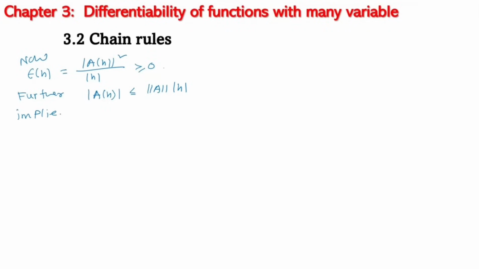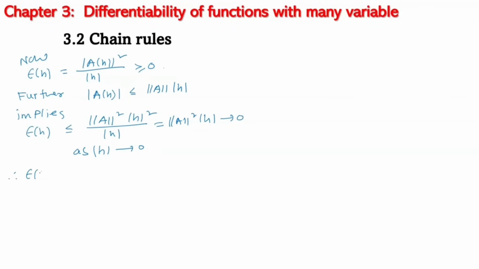This implies epsilon(h) is less than or equal to the norm of A squared times the absolute value of h squared over the absolute value of h, which is the norm of A squared times the absolute value of h, and clearly tends to 0 as the absolute value of h tends to 0. So altogether we have epsilon(h) tends to 0 as the absolute value of h tends to 0.